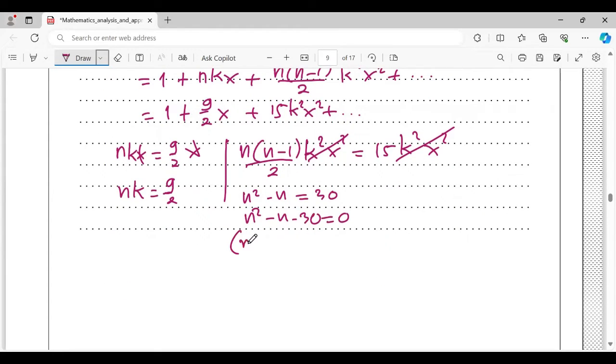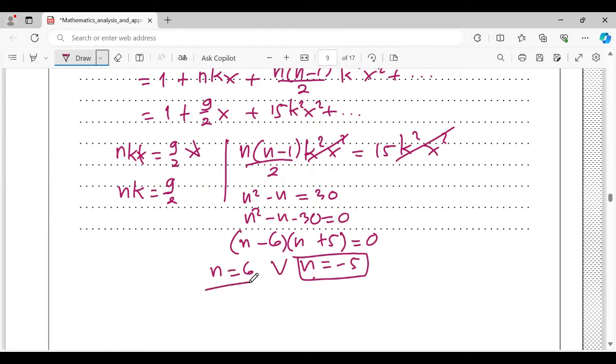So factorize: n equals 6 or n equals minus 5. So n equals minus 5 is not the solution, and n equals 6 is the solution.